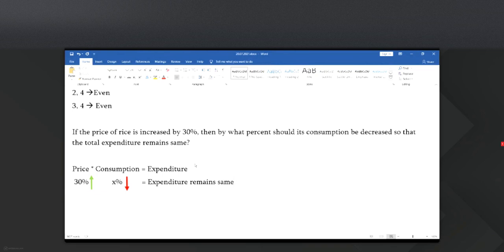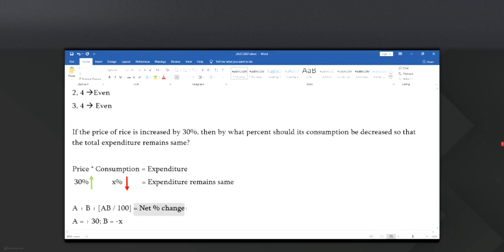So the expenditure remains the same. It is the same formula, A plus B plus AB by 100, equal to the net percent change. Here the net percent change is 0, because you can take A as plus 30 since it is an increase, and B as minus X since it is a decrease.